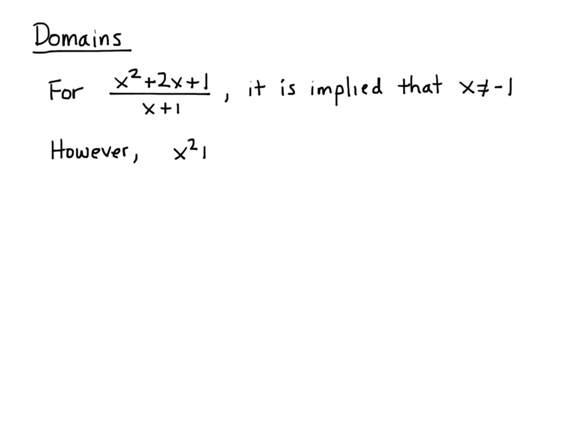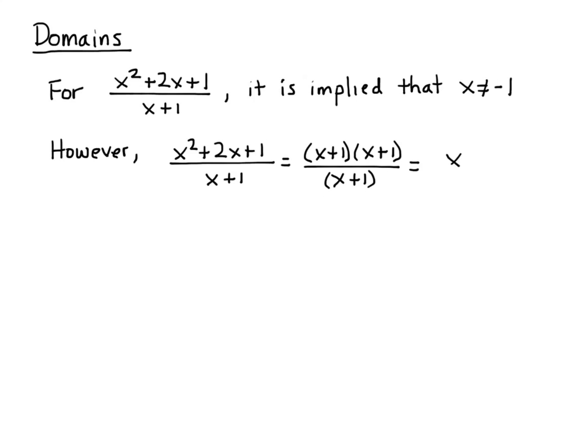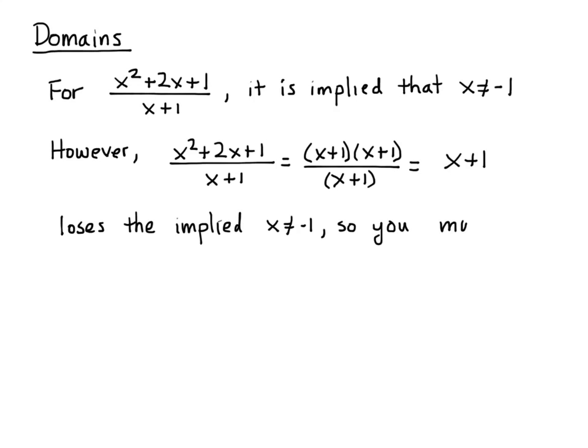Now, if we were to simplify this, let's say if we factored this, and then we canceled that out to be x plus 1, this one loses that implied x does not equal negative 1, so you must state it as a domain restriction.